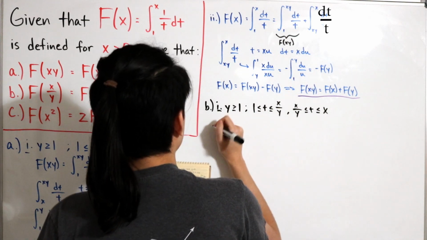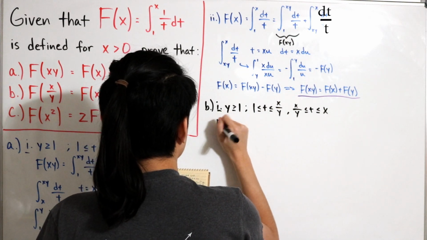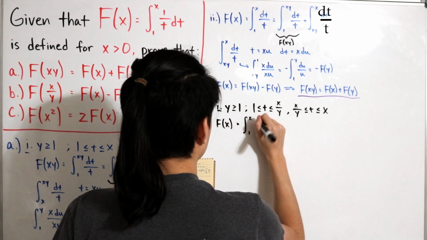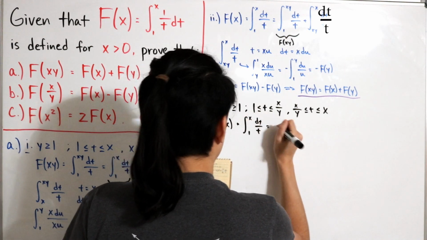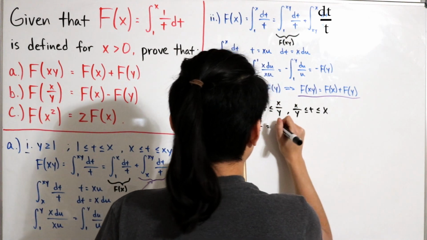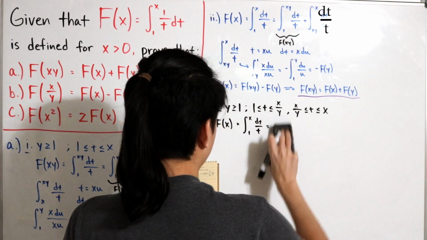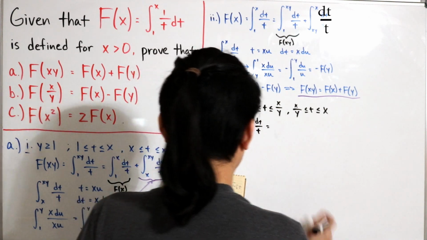So now if we start off with f of x, f of x is equal to the integral from 1 to x of dt over t. We're not writing in terms of function, we're still writing this in integrals first.